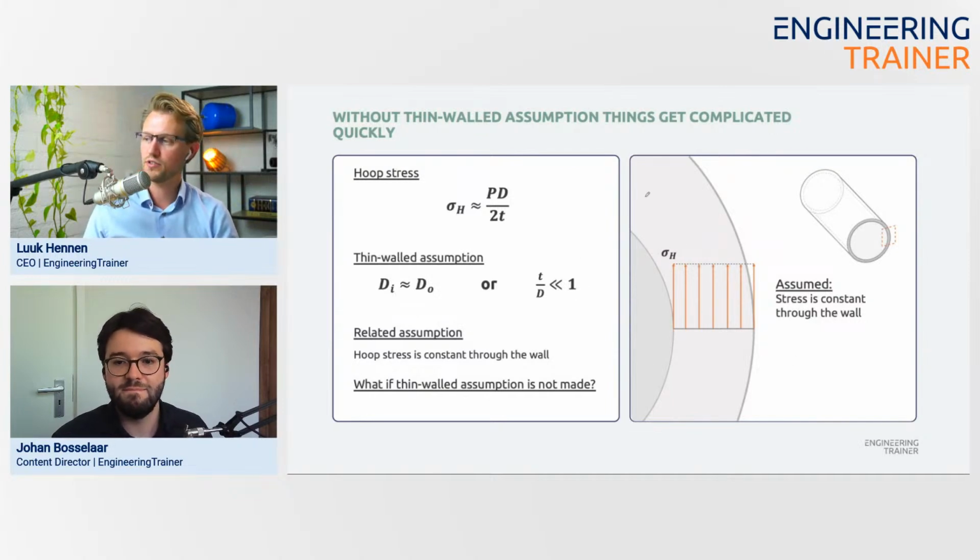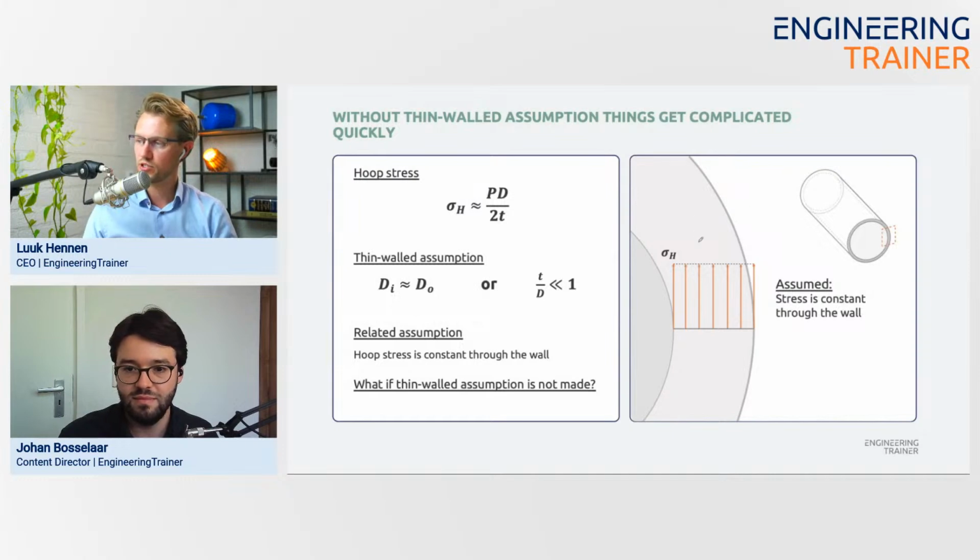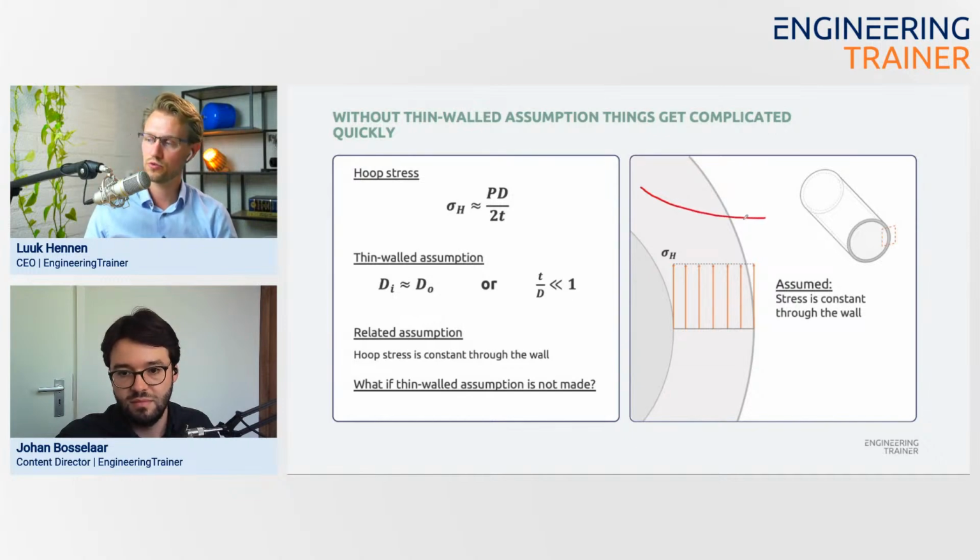In this plot, we see a section of a pipe, and we zoomed into that section, which is enlarged at the left side of this visual. Because of the thin walled assumption, we assume that the hoop stress is constant throughout the entire wall thickness, as we've visualized here. But technically the hoop stress isn't constant. Let's say the hoop stress would be something like this, going through the wall thickness.